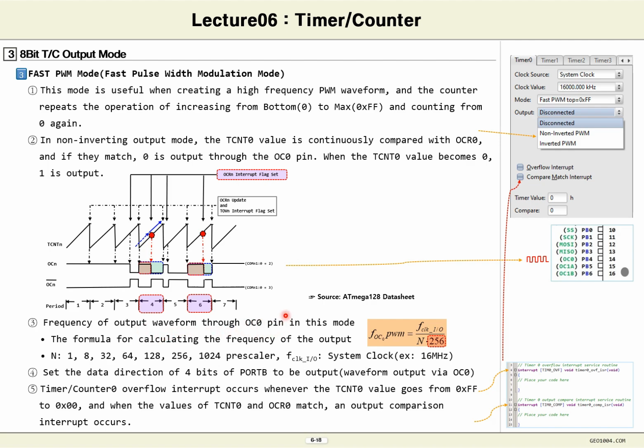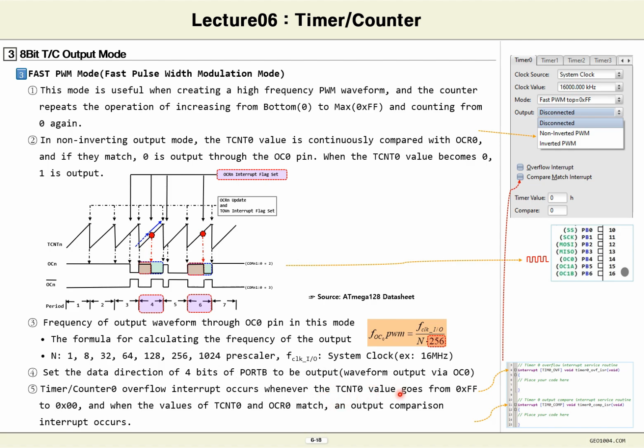The formula for calculating the frequency of the waveform output through the OC0 pin is as follows. 256 is entered. Of course, to output OC0, you must set the data direction to output for pin 4 of PORTB. When does the overflow interrupt of timer counter 0 occur?